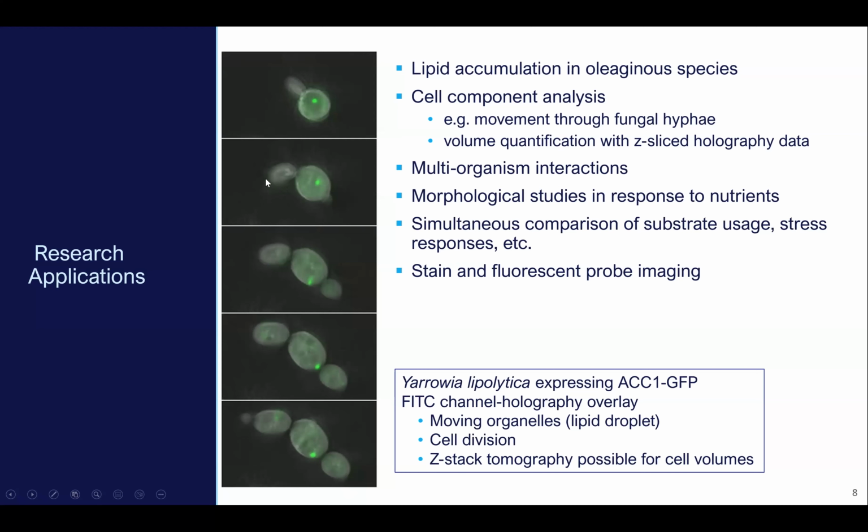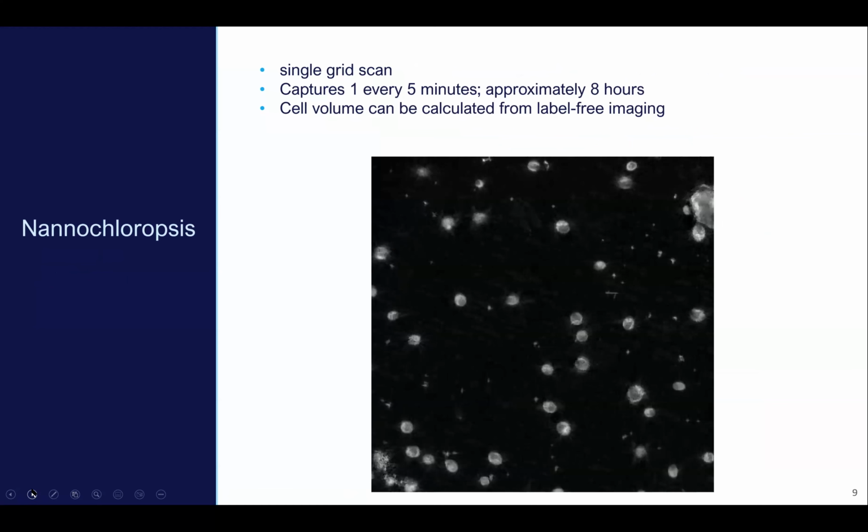And we have different data types that can be laid upon one another. It makes for some pretty cool figures. This first example is one of interaction between Nanochloropsis and its bacterial flora.